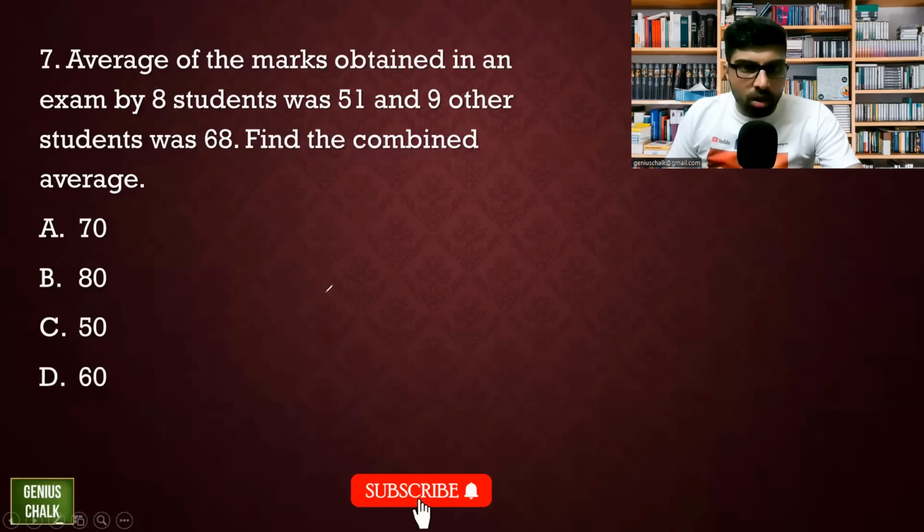The second approach is: 51 average for 8 students, 68 average for 9 students. Now if I do it with alligation, it has to be like this: this is 8 and this is 9.